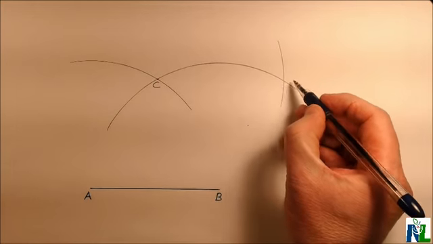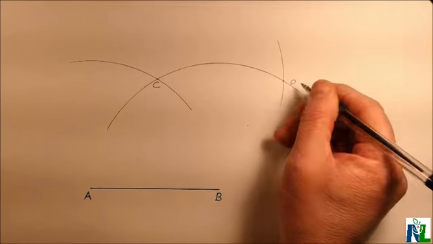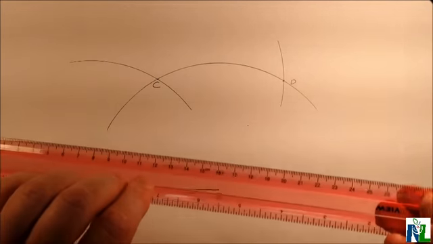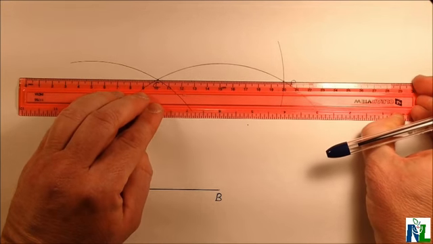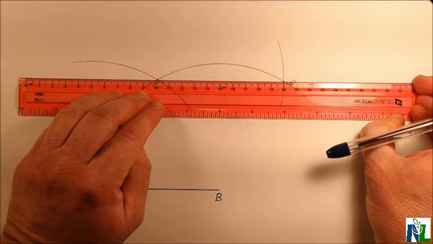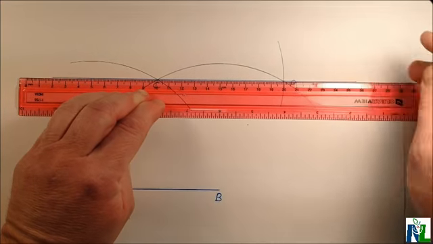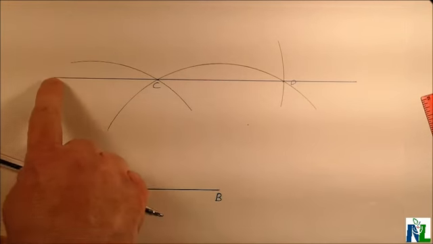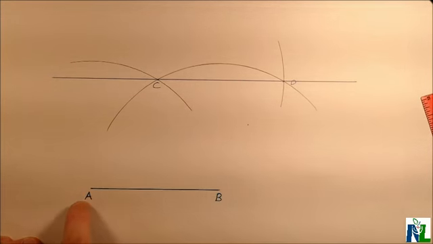And where these two arcs intersect, I'm going to label that point D. Now I'm going to draw a line segment between points C and D. So this line containing points C and D is going to be parallel to segment AB.